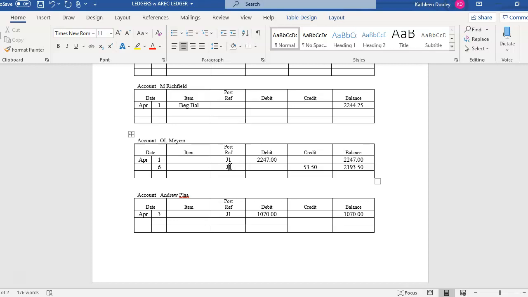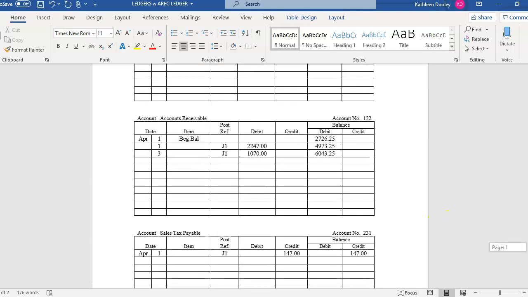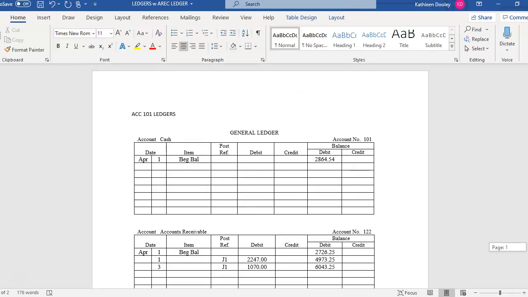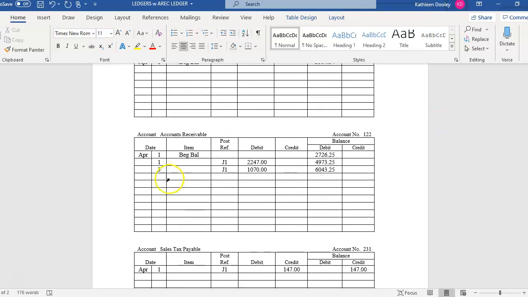Okay, where did this come from? J1. Okay, I'm also going to go ahead and post to accounts receivable in the general ledger. The same thing. Copy the date, the 6th. Copy the amount, $53.50 credit. Now I have again a debit balance, and now I have a credit.